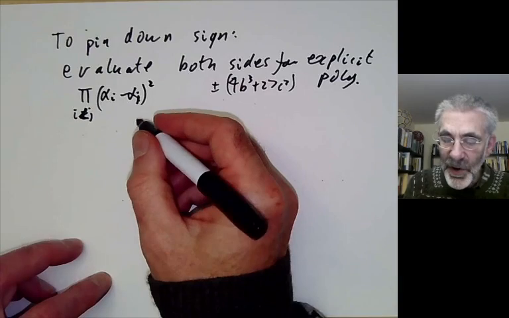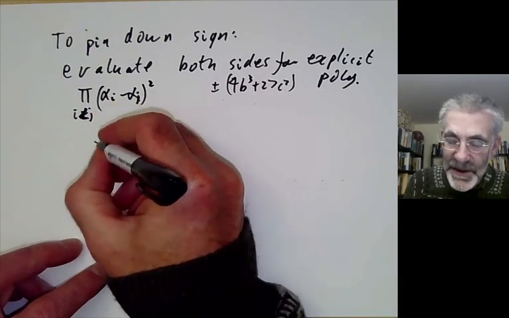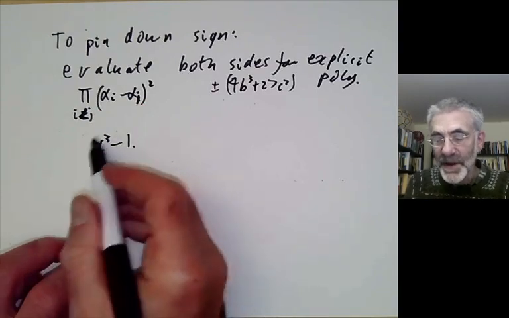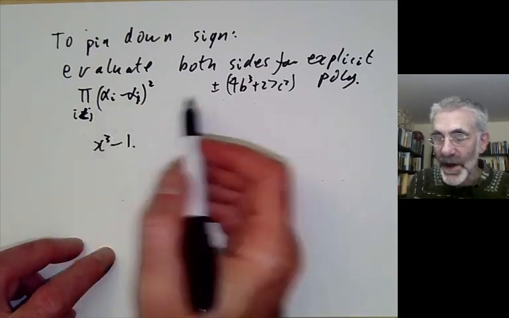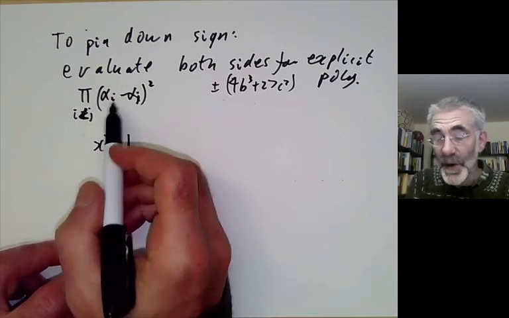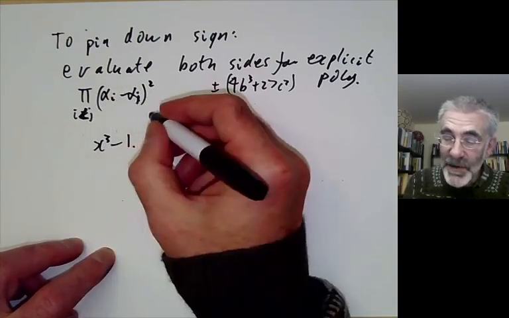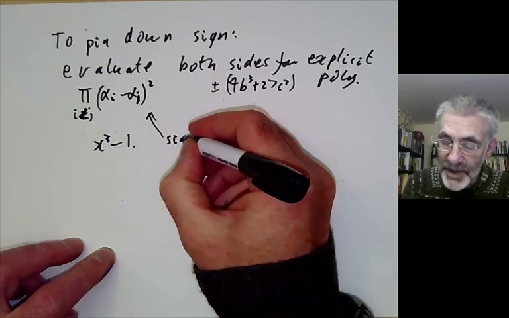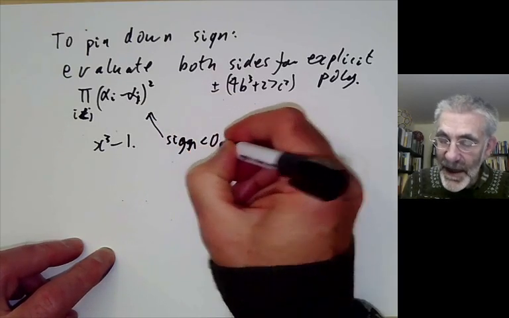So an easy polynomial to do this on is just x cubed minus 1, because the roots in this case are roots of unity, and we don't really need to evaluate this product explicitly. All we need is the sign, and the sign is going to be less than 0.